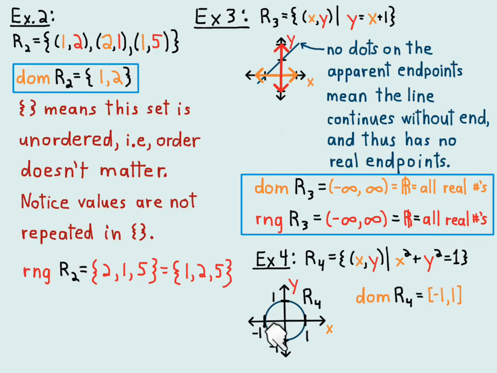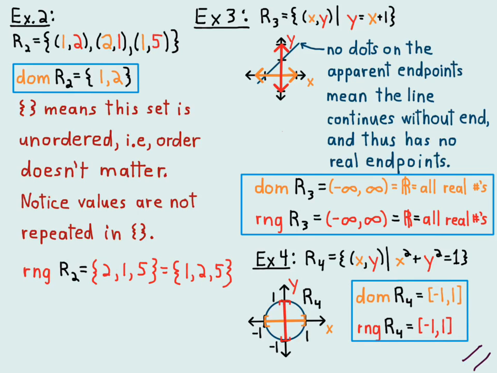Always go from the smaller number to the larger number: left on the number line, right on the number line. Anyway, so the range happens to be the same. That's because the center's at the origin. If the center was somewhere else, then the domain and range could be different, right? Okay.